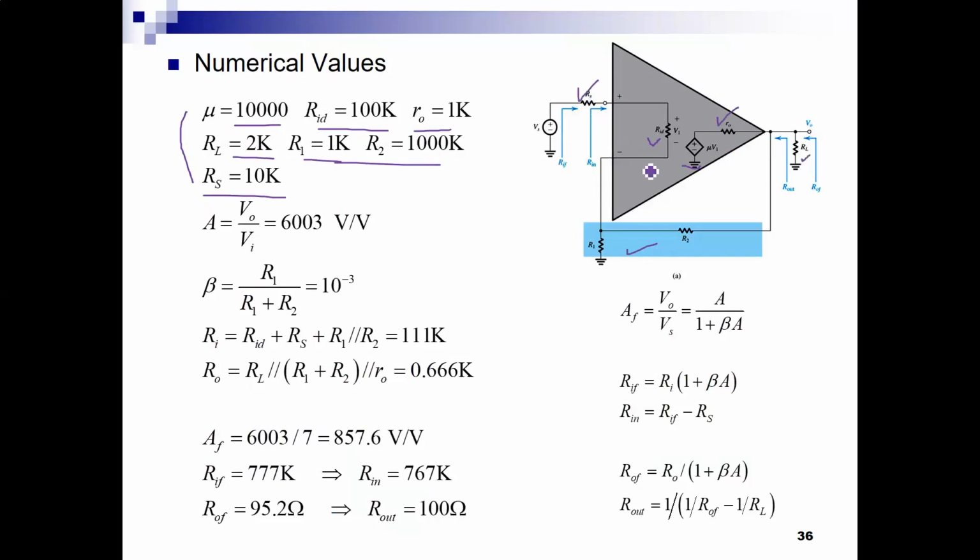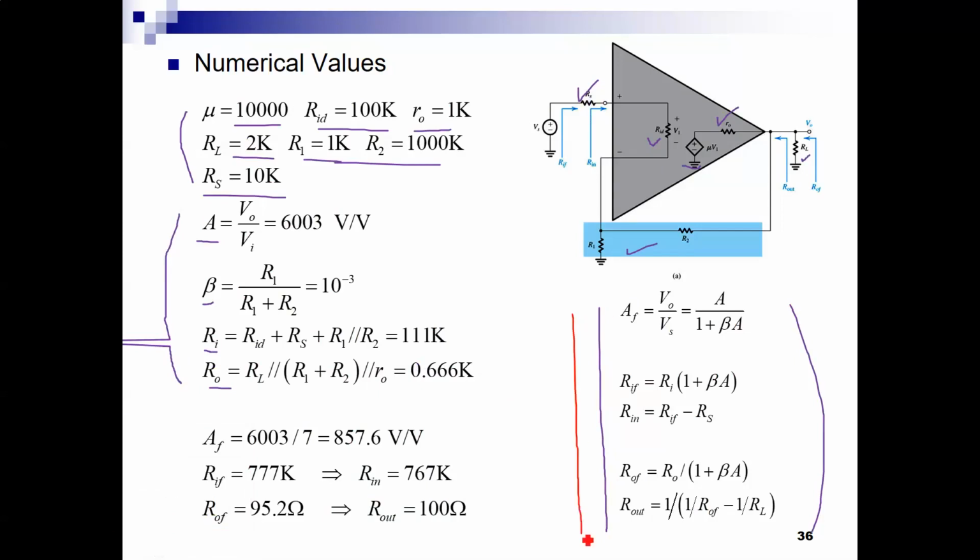So it gave me all the quantities. Just plug the 4 quantities into the previous slide. You get A, beta, RI and RO directly from the previous slide. Here, what is the resistance on this side? Put the full feedback amplifier equations that we labeled in red in the previous slide. You get AF, RIF and ROF, and then you can find RN and Rout. And he gave me the answers here.